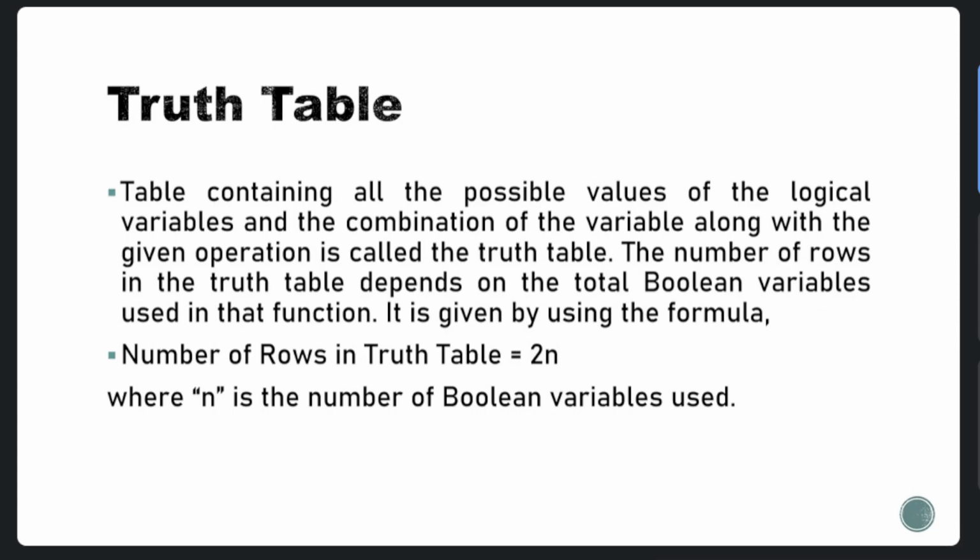Next, the truth table. It may be confusing at first. A truth table is a table containing all the possible values of the logical variables and the combinations of the variables along with the given operation.